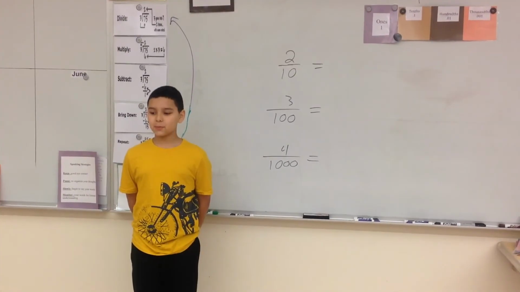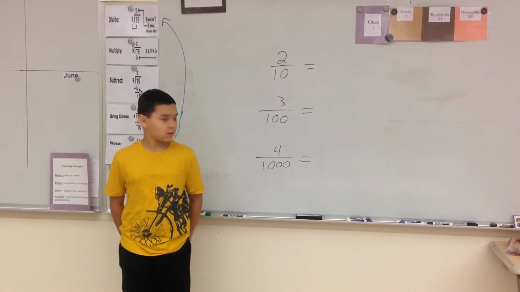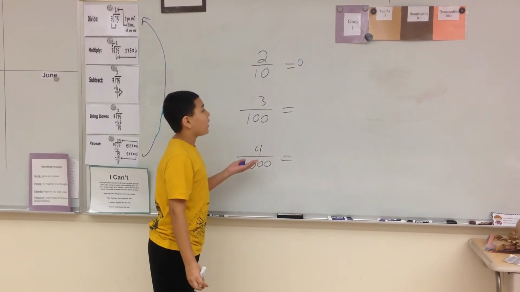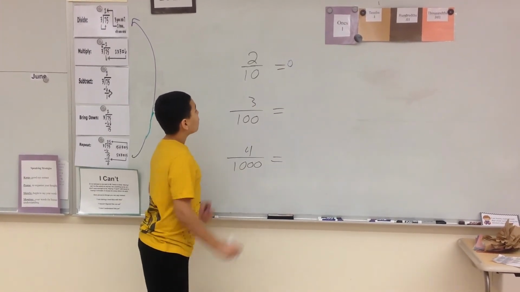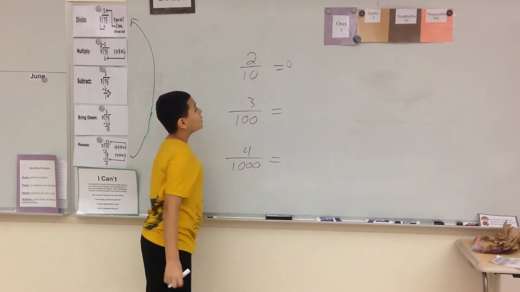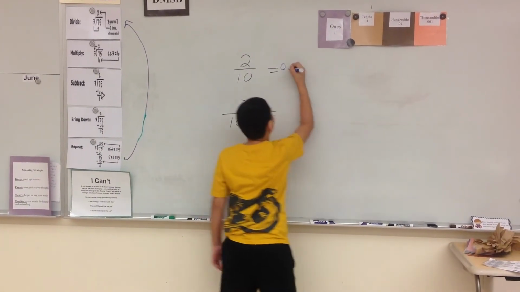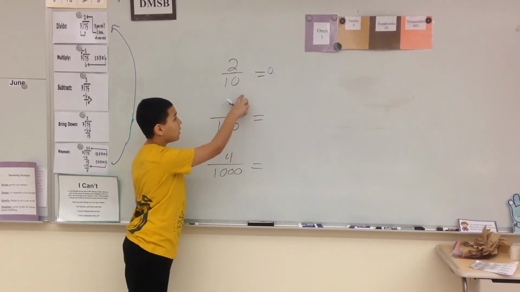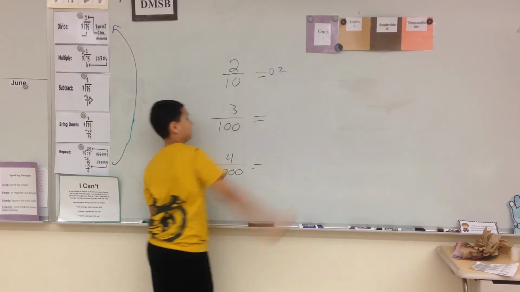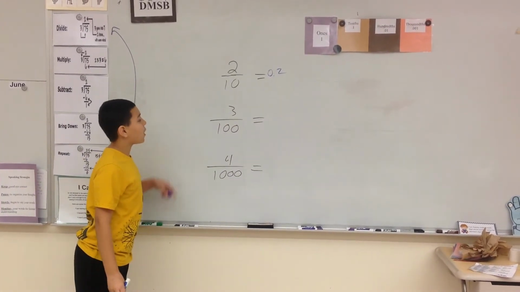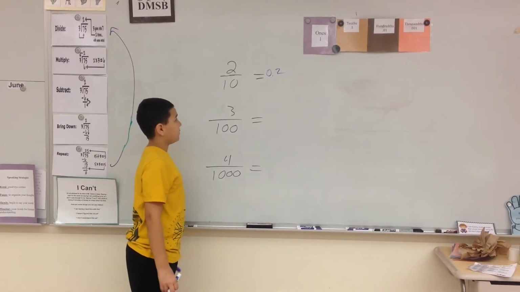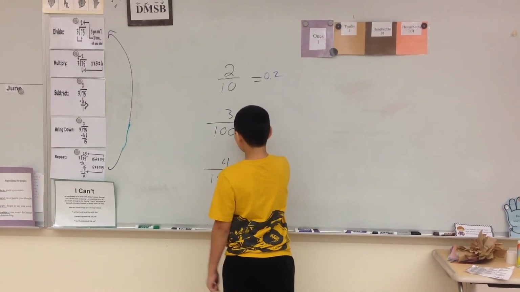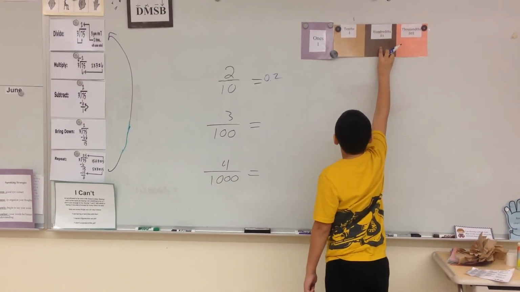Yeah, go ahead. This year we learned how to convert fractions into decimals. We put the 0 in the ones place because we don't have wholes. So our denominator is 10, so we need to go to the tens place and then put the 2 because 2 tens is in the tens place. And another problem is 3 over 100. So we need to go in the hundreds place.